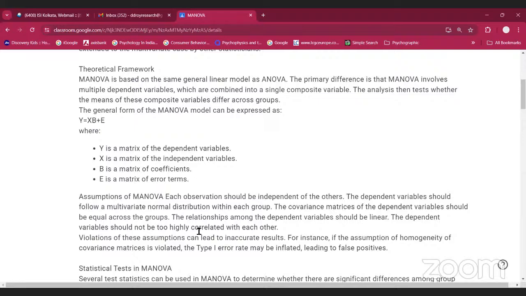Sir, can you explain this with an example? For example, you are taking Rasgulla. Have you seen Rasgulla? Yes, sir. Okay, Pantua.